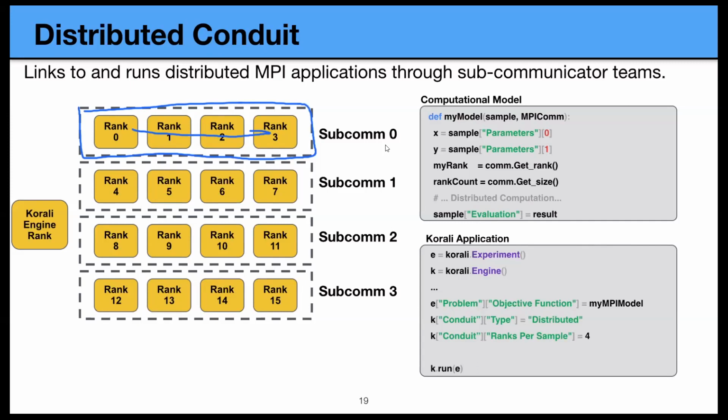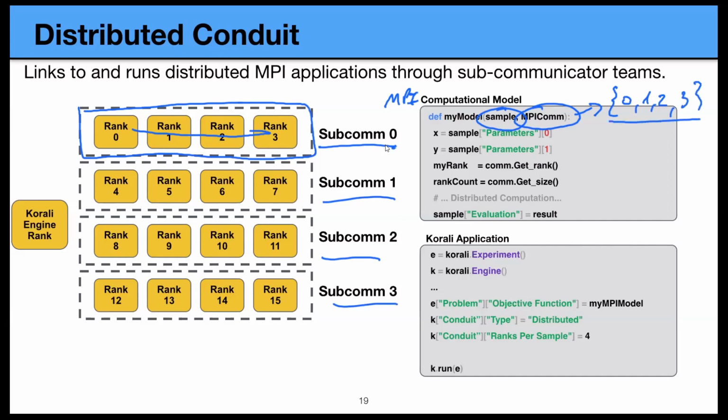And the model, and this is an MPI model, itself receives the sample, just like before, but also a communicator. In this case, communicator 0, 1, 2, or 3. And this is just a description of the subset of the ranks that are working here. With this information, when you do computation in your model, you can compute in parallel.